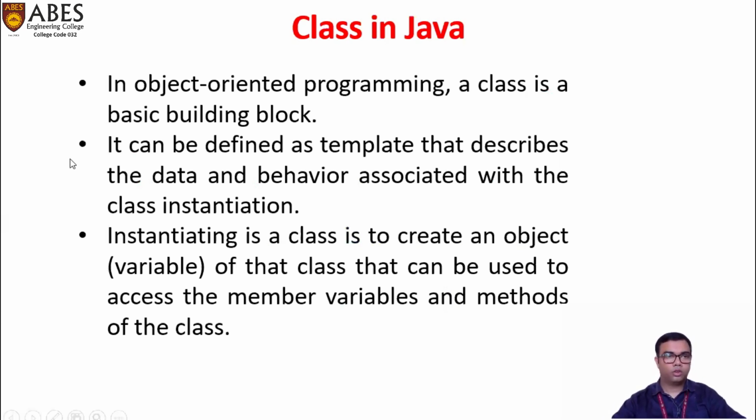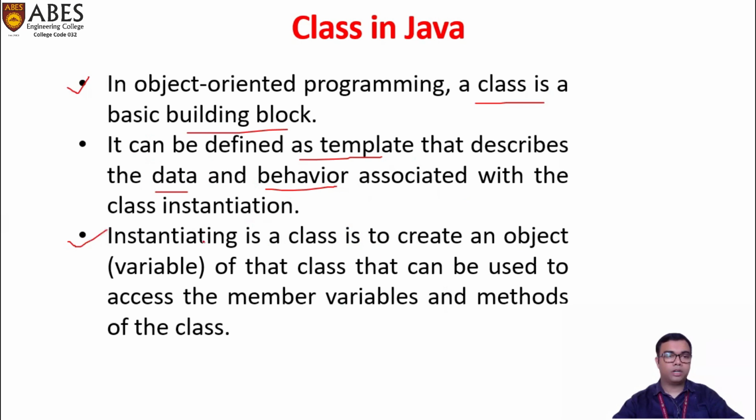Okay. So here first we can see that in object-oriented programming, a class is a basic building block. And it can be defined as a template that describes the data and behavior. We can see this in programming also. When we implement a program, you can see how we declare the data and behavior.